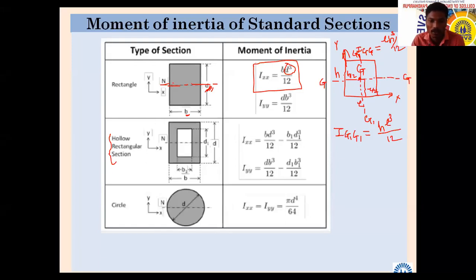If it is a hollow rectangle, then we have to subtract: the outside dimension cube minus the inside dimension cube. First you find the moment of inertia for the outside geometry minus the inside geometry. The logic of application is the same.